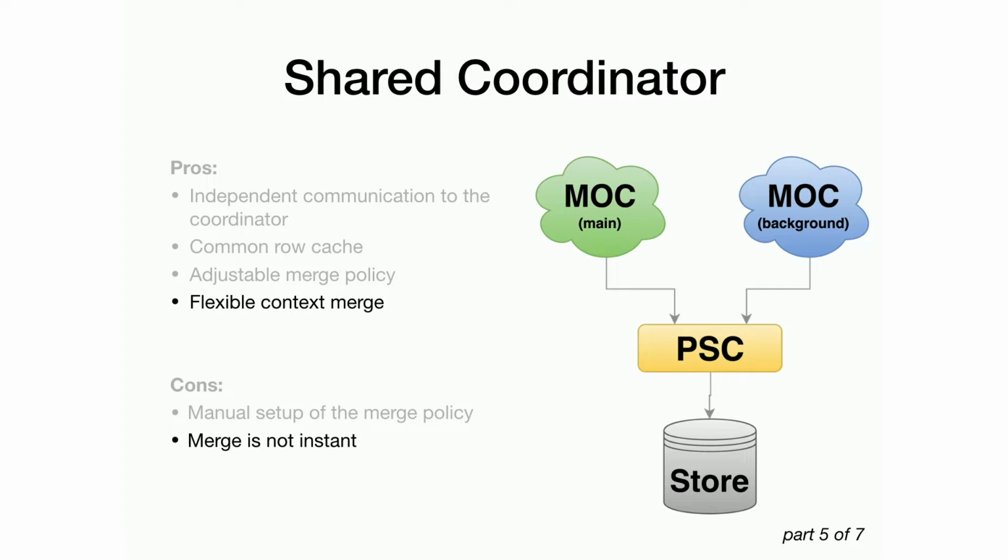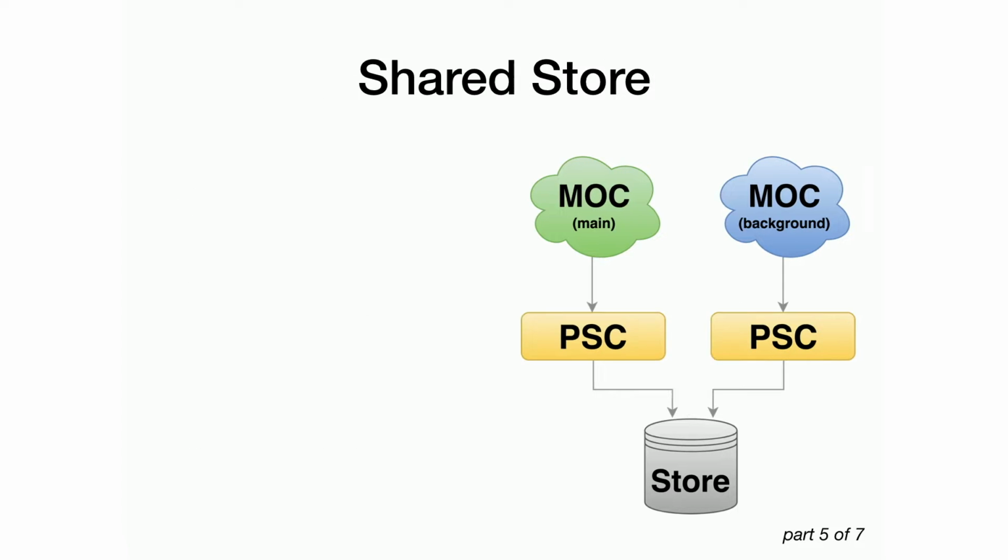Merge is not instant because we rely on notifications and they are asynchronous, so we have a time gap between the moment when the changes are done in the store and when we process them in the context. Because of this gap, we have to think about some policy when dealing with objects which can be deleted from the store by another context.